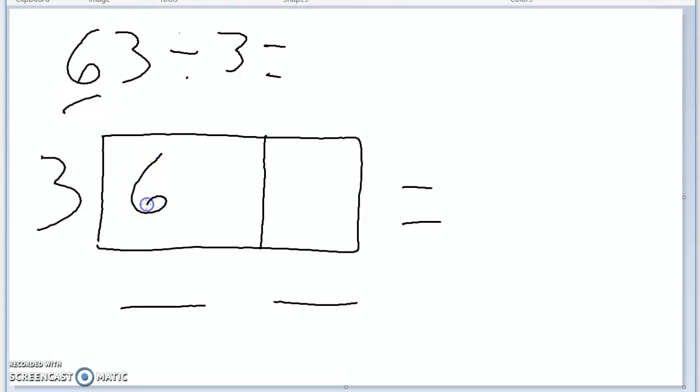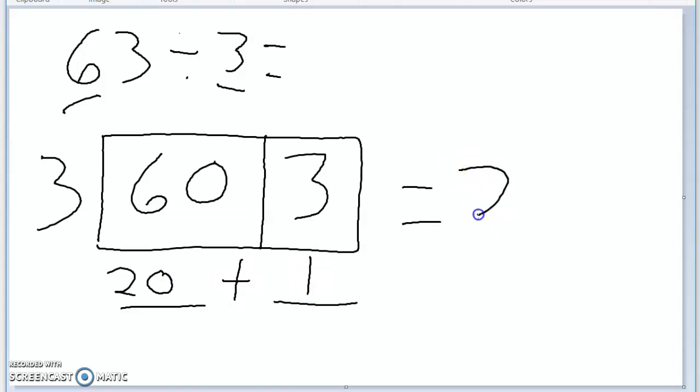So we can put 60 here, 3 here. Remember, both numbers that you put in those boxes have to be able to be divided by this number right here. 6 divided by 3 is 2. Then add on that 0. 3 divided by 3 is 1. Then you take both of those numbers and add them up, and you get 21.